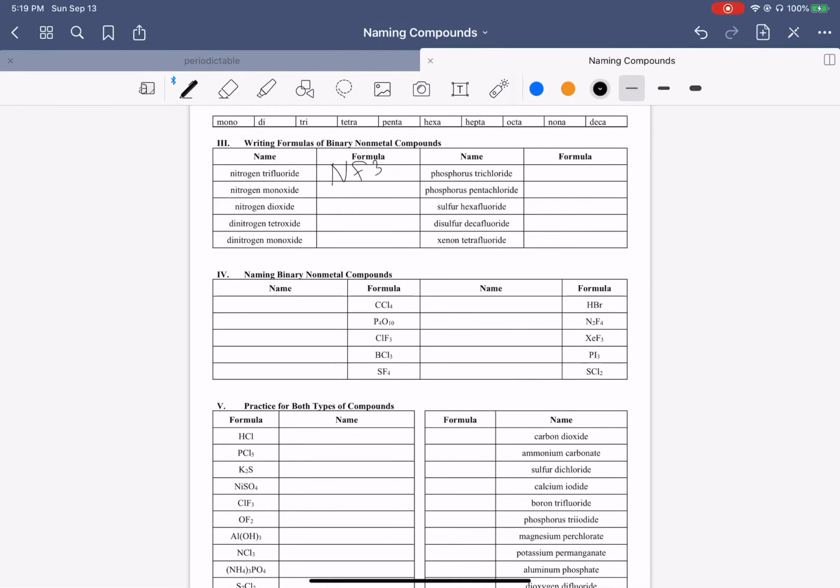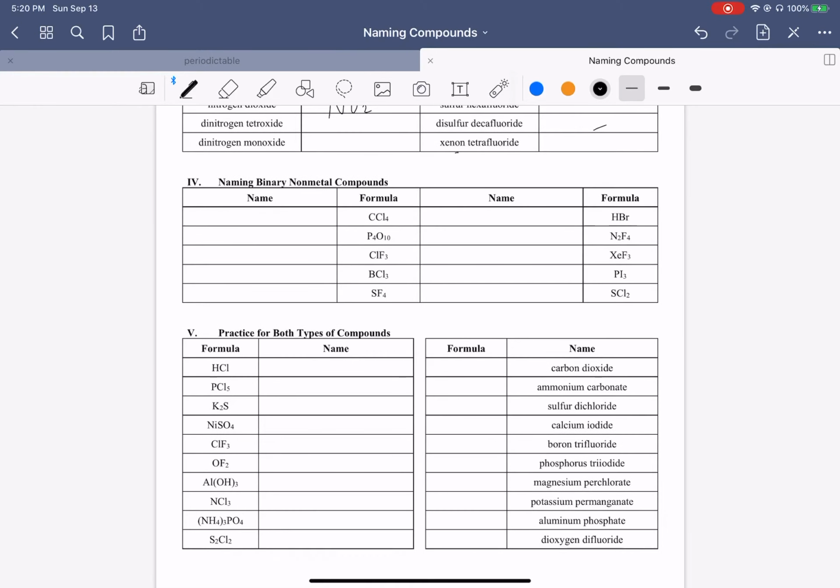This is going to be NO, nitrogen monoxide, and this one is going to be nitrogen dioxide, NO2, and so on, okay. Xenon tetrafluoride, that's a fun one.